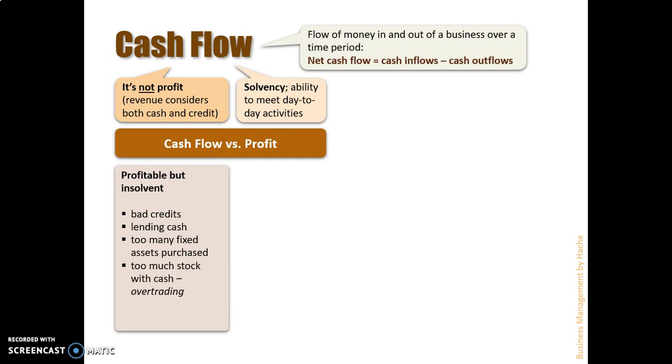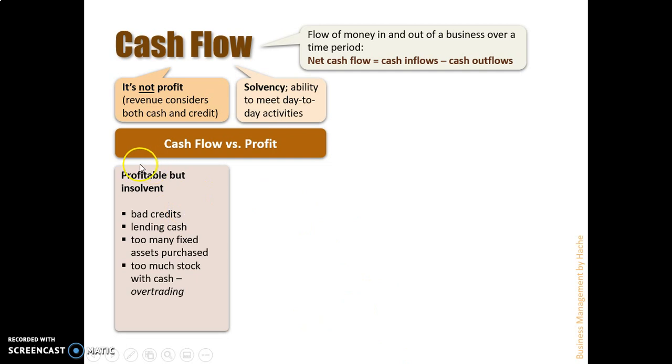Buying too much stock, overtrading, okay, buying too much stock with cash when you are not actually going to use that stock for production or sales. That overtrading would also lead to using too much of your cash at a specific moment and leaving you without enough cash to keep running.